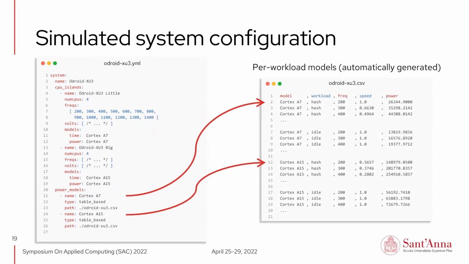Model specification is supplied in a separate CSV file generated by the post-processing component of the profiler tool. Given these tables, the simulator can pick the correct power consumption and speed estimation for each task, for each combination of CPU type, workload type, and frequency.